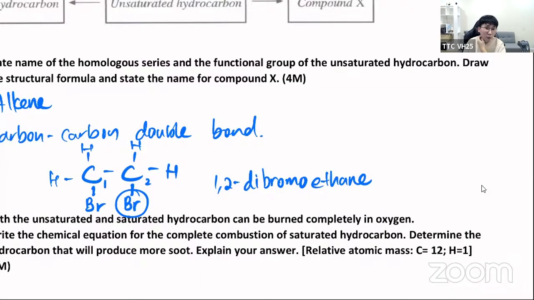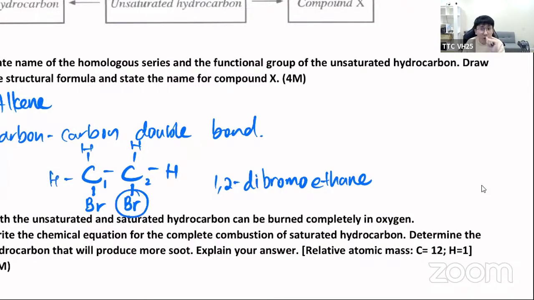Okay. Why must put a number? Because what if I change my position? Maybe I change like this. Can you still call this 1,2 dibromoethane? No, we call this 1,1 dibromoethane. So that's why I have to go back to like this.